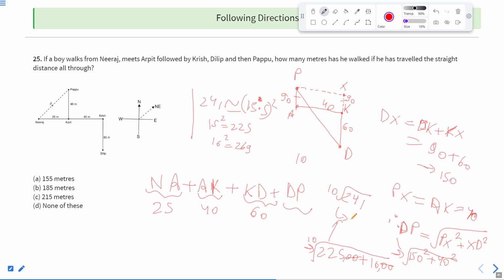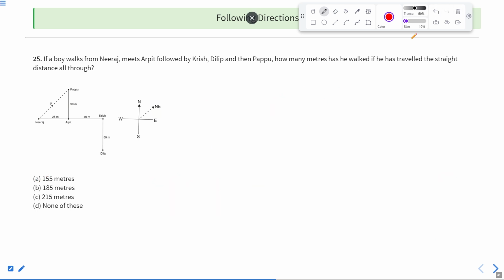So 10 square root 241 is 10 into 15.5, which is 155 meters, which is our answer A, approximately.